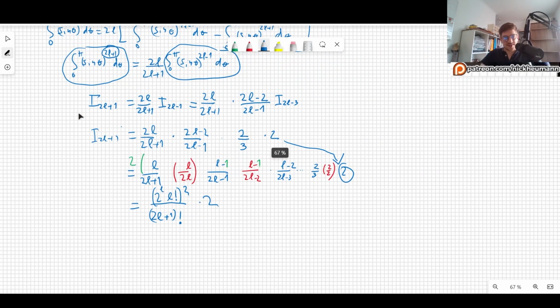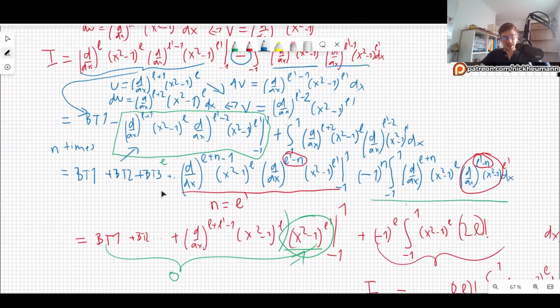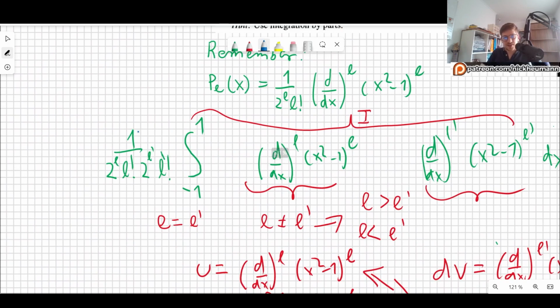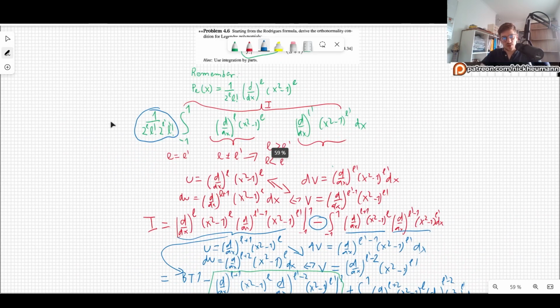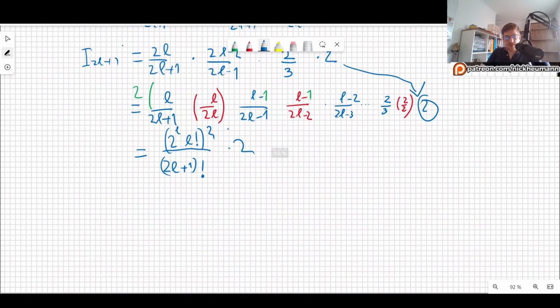Now, where was this integral? So let's go all the way back and plug it in. So this integral first appeared there. And we still have to include that. So that is what we still need to do. So just multiply this by what we had before. So I'm just going to write this minus 1 of P_L(x), P_L prime(x).